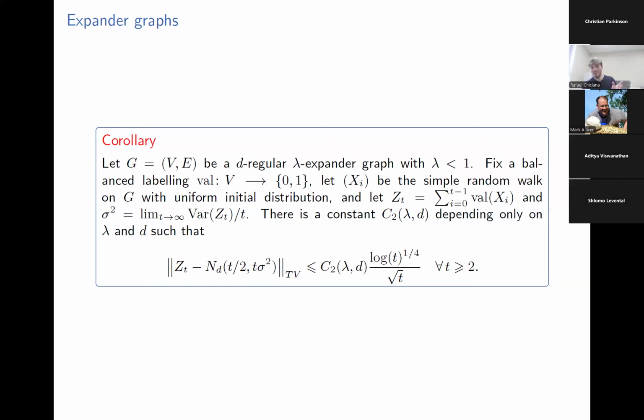There could be cases when this sigma is exactly equal to 1 over 4, but these are actually strange cases. Usually it's something either bigger or smaller. And the value of this variance, the value of sigma squared, depends on how correlated one vertex is to the next one.